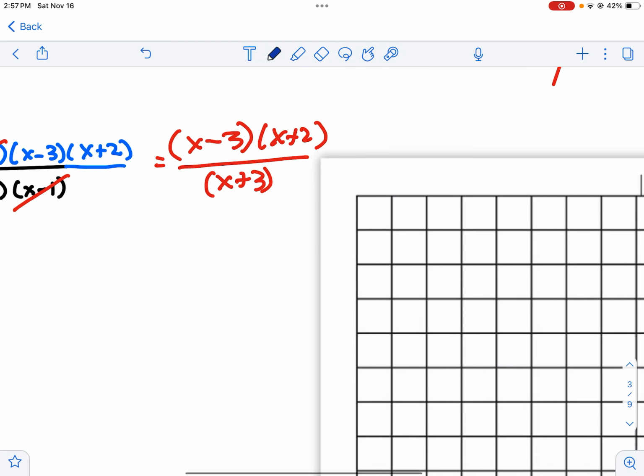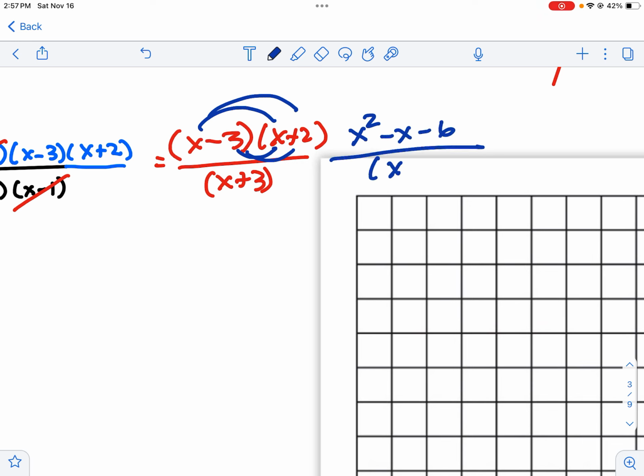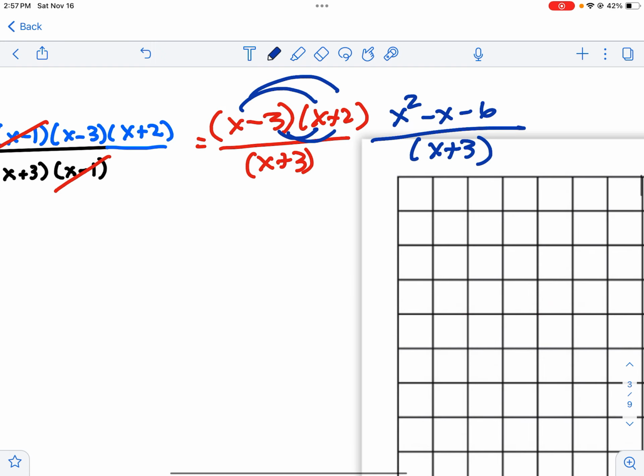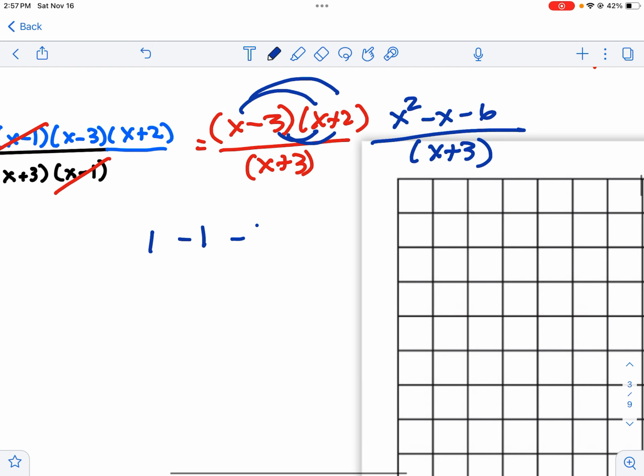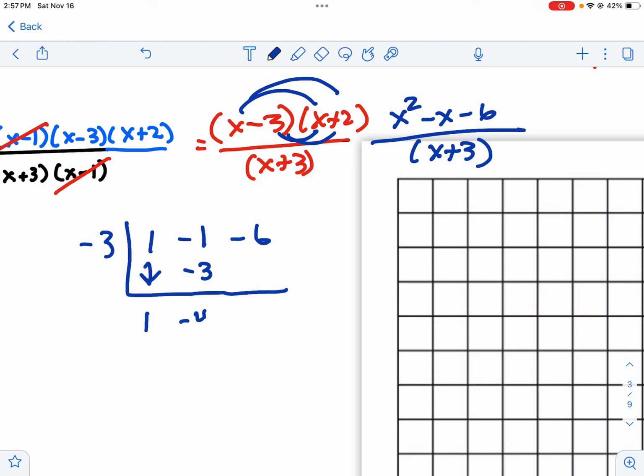So the top, if I redistribute this, this is x squared minus x minus 6, and then the bottom is x plus 3. If I do my synthetic division, 1, negative 1, negative 6, negative 3, negative 1, negative 3, negative 4.